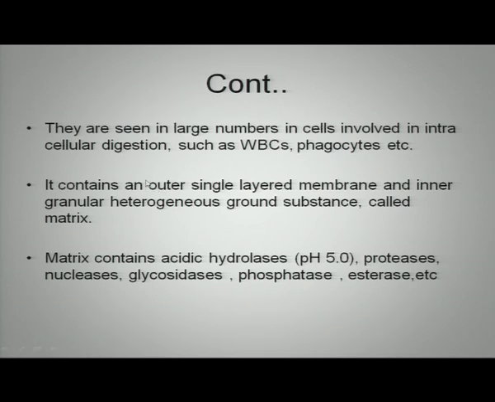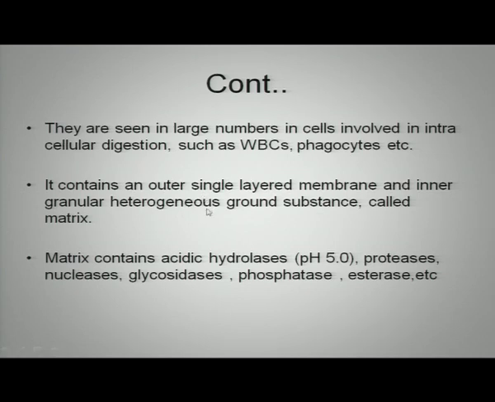It contains an outer single layered membrane similar to that of plasma membrane, lipoprotein in composition.